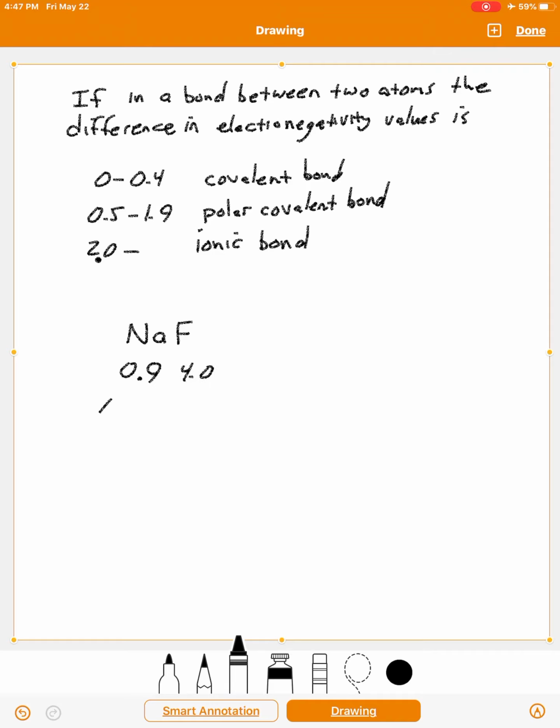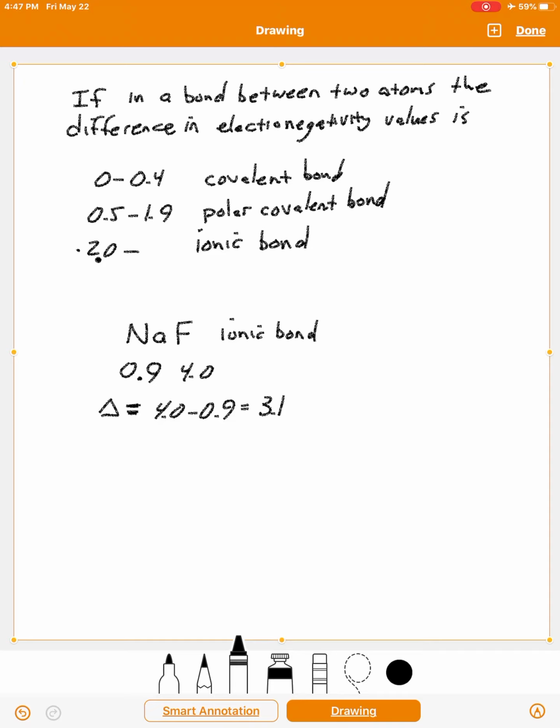We then do a calculation of the difference. I'll call it delta for difference. It doesn't matter which one you put first, which one you put second. I'm going to put the larger minus the smaller. And you get 3.1. That difference is in this range here. It's 2 or greater. So based on that criteria, we would claim that this is an ionic bond. The ionic bonding is the dominant attraction between the atoms in that molecule, in that substance.